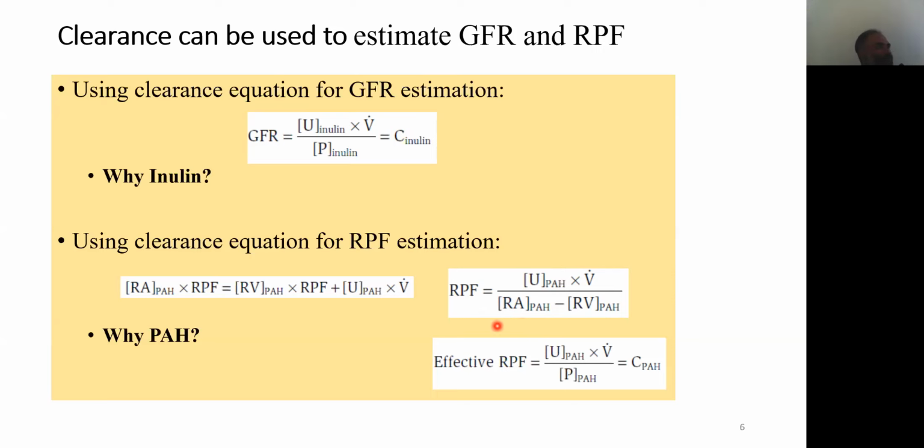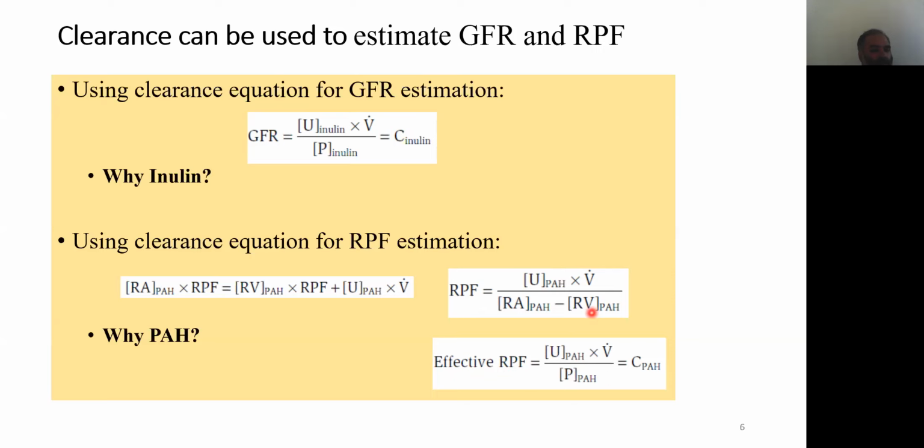So basically, for that, we coin another term: effective renal plasma flow. Effective means as far as the kidney filtration, the nephron is concerned. So effective renal plasma flow is basically the blood flow, the plasma flow, which goes to the nephron. So that you can ignore.